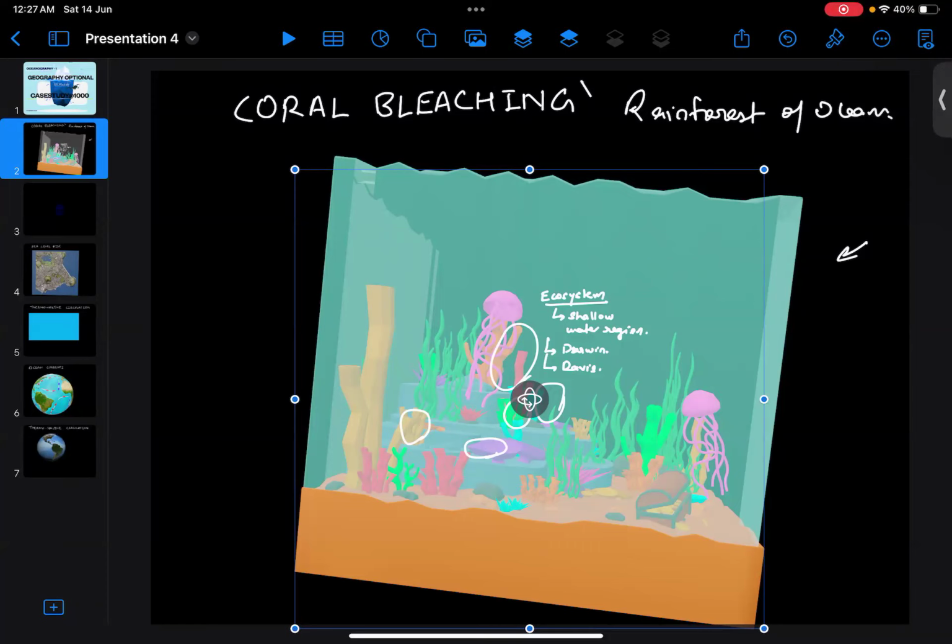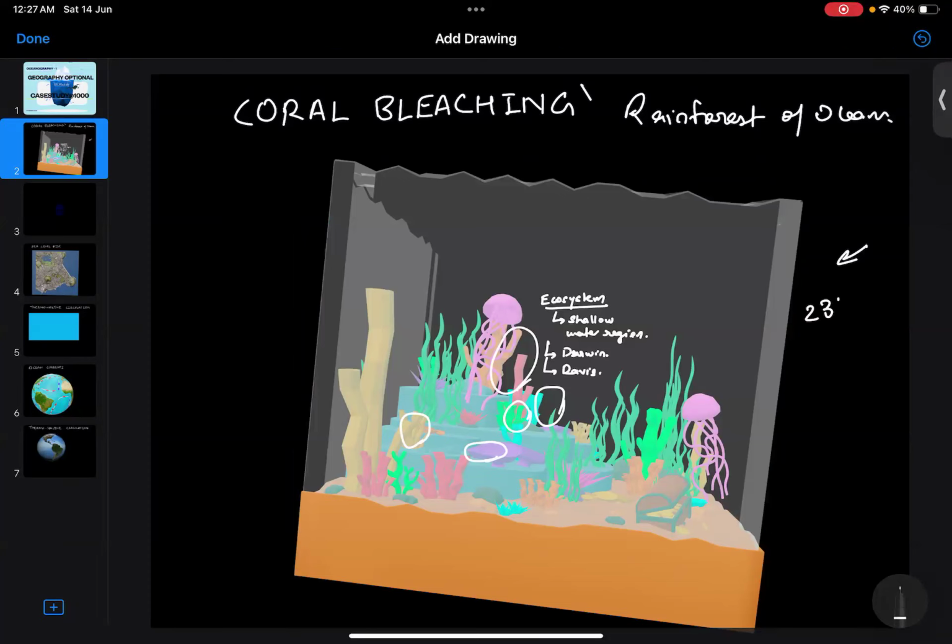One of the important things about coral reefs is that they are present between 23.5 degrees north and 23.5 degrees south.